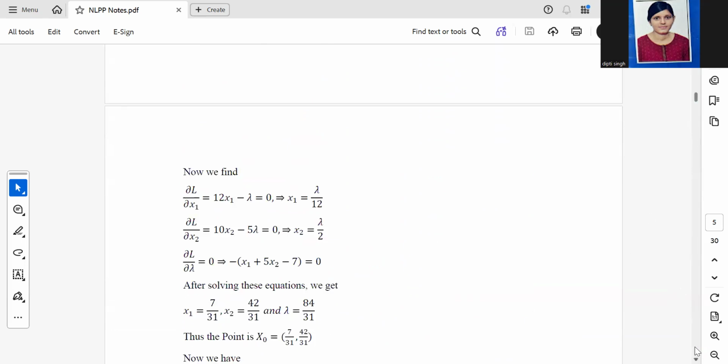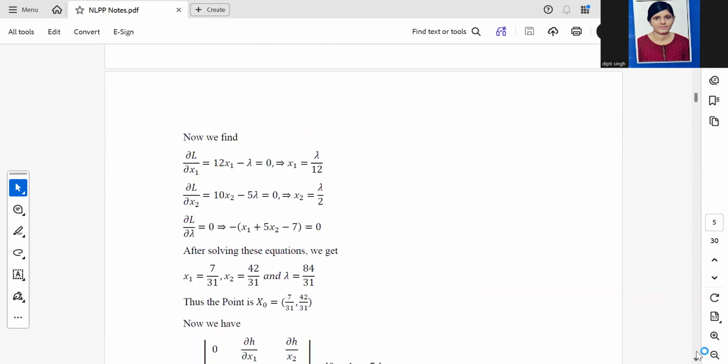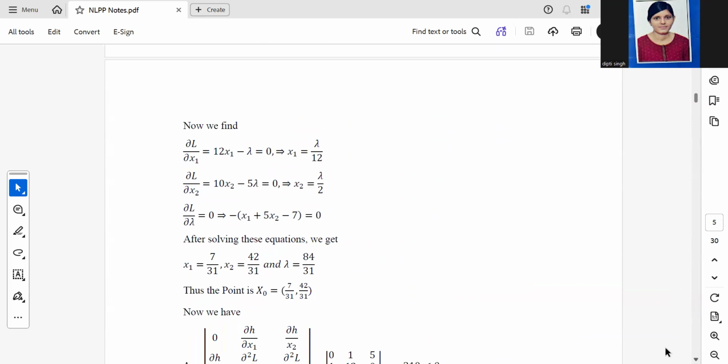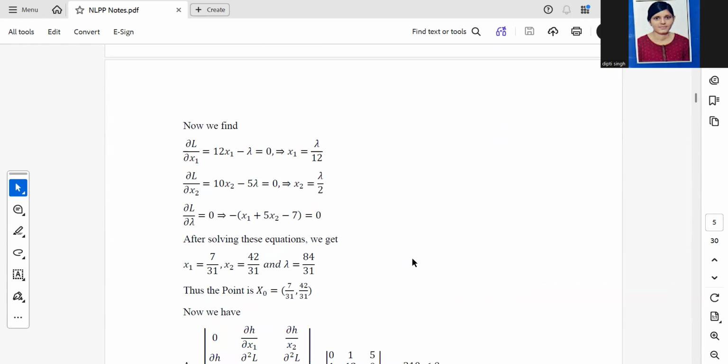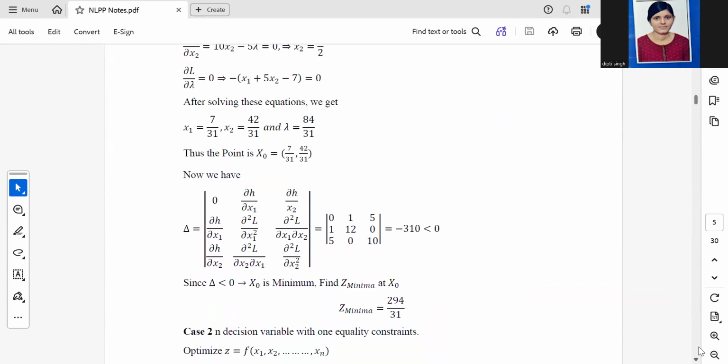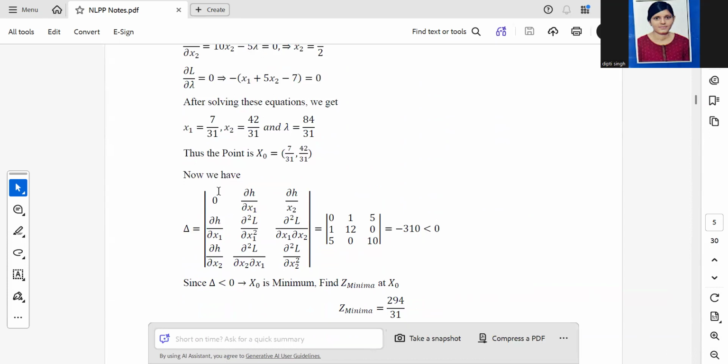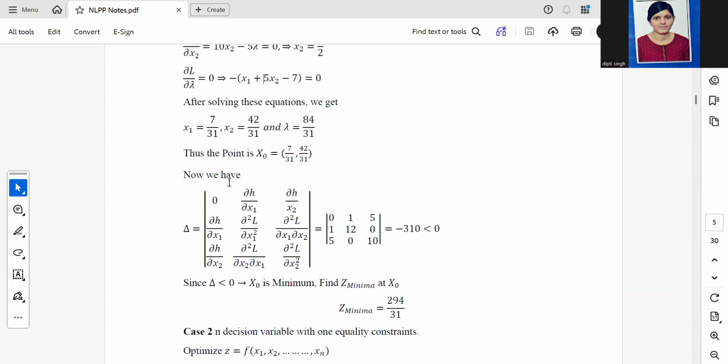After solving these, we got x1 equal to 7 over 31, x2 equal to this one, and lambda equal to this. So the point x naught is 7 by 31 and 42 by 31. Now we calculate the value of this determinant. When we solve it, we check that this is less than 0.